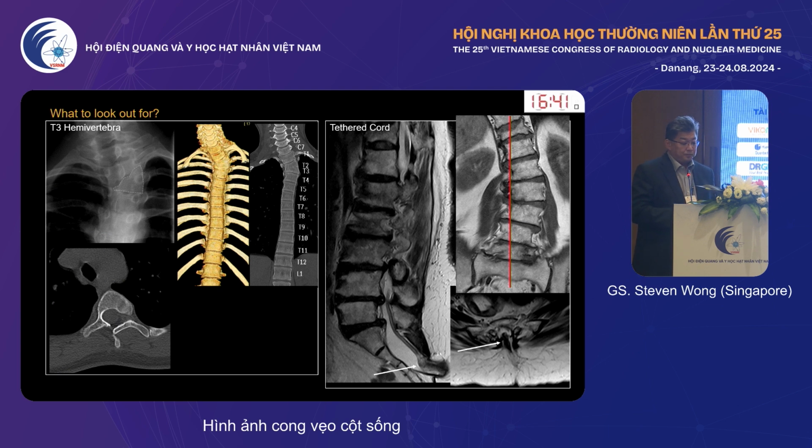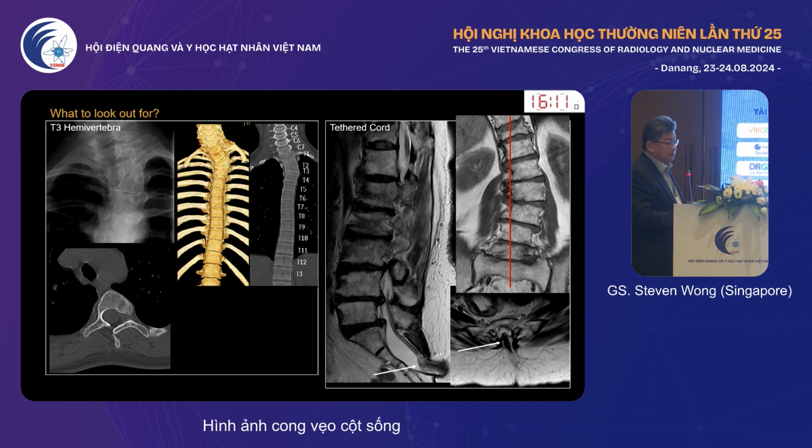So what do you look out for? Like I say, segmentation error, not very often, but it does appear. If you get a chest X-ray and it doesn't look quite right, look and see whether the vertebral bodies are normal or not. CT is the next gold standard modality to evaluate, especially if I can do a 3D VRT version to help better visualize the type of segmentation anomaly.